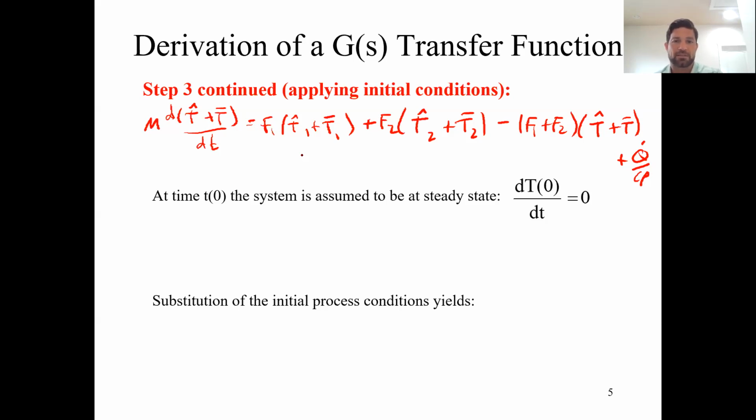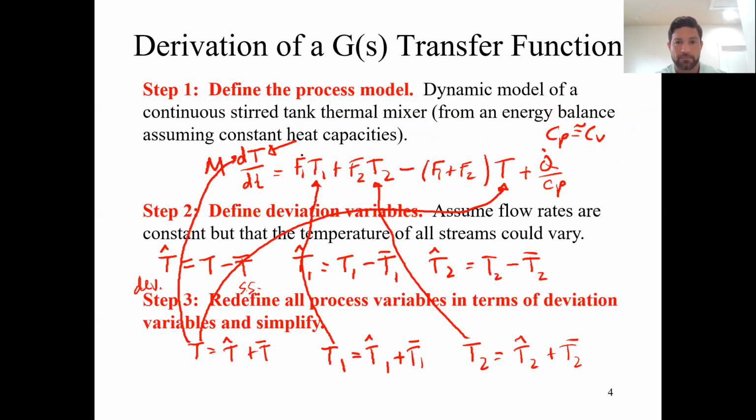Okay, so we put it all together. The next thing that we want to do is, if I back up here, this equation that we wrote has to hold true at all conditions. So at the initial condition, this equation is satisfied, but this term right here would be 0 at steady state. As the temperature changes, this equation has to be satisfied. So we can write this equation at the steady state condition, and it has to be valid.